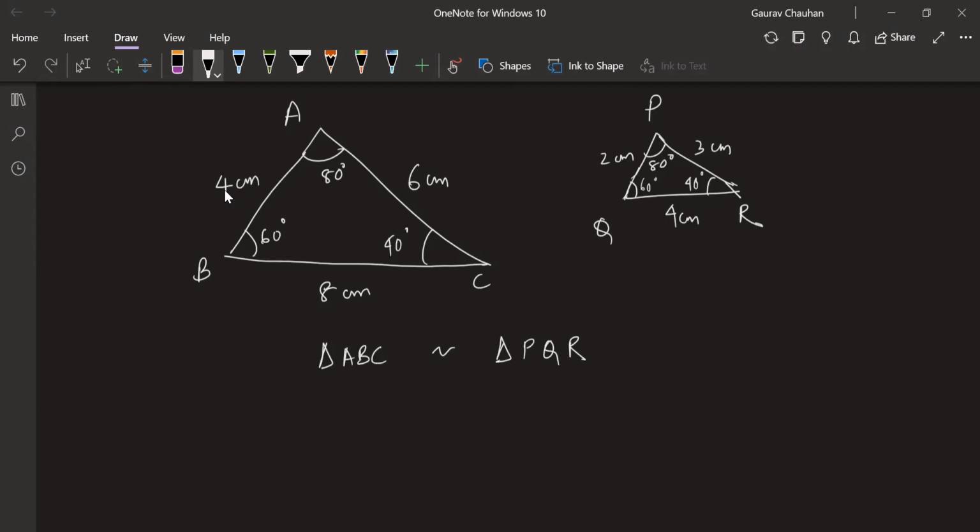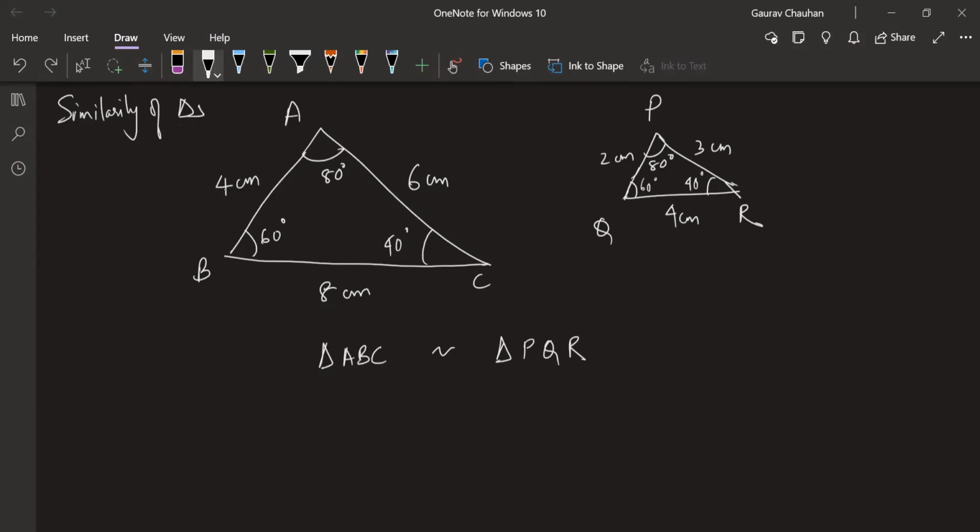Just like we talked about in congruence, in similarity of triangles also some things happen when they are of the same shape. We can only say they are of the same shape when these things happen. If triangle ABC is similar to triangle PQR, then what is our conclusion from that?